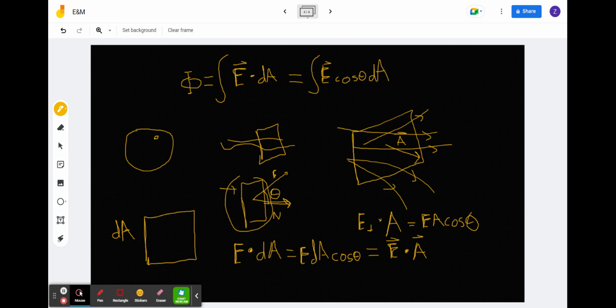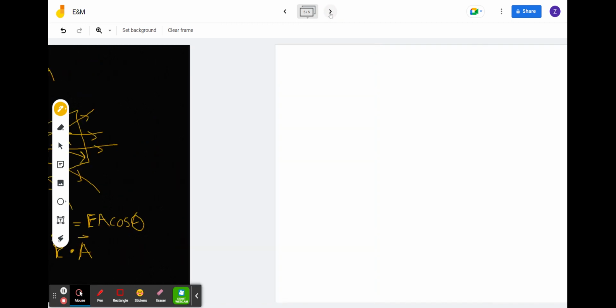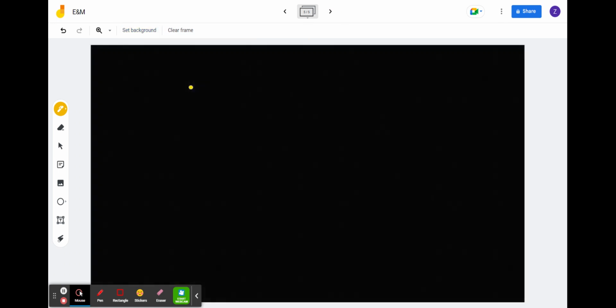Now, you might be asking yourself, what is electric flux used for? Well, it's used for an important law called Gauss's law. What Gauss's law does is it relates the electric flux coming out of a closed surface to the charge contained within that closed surface.